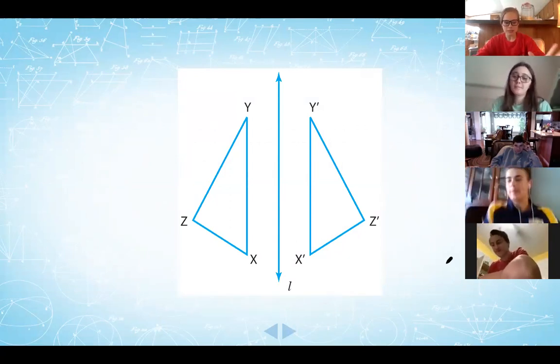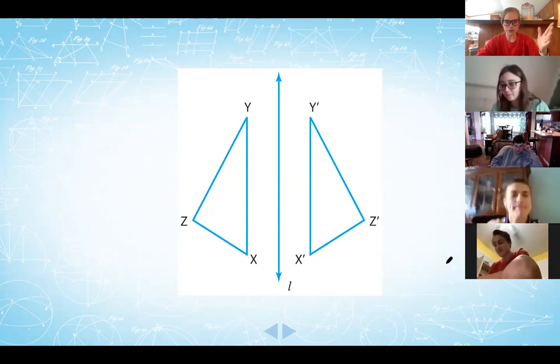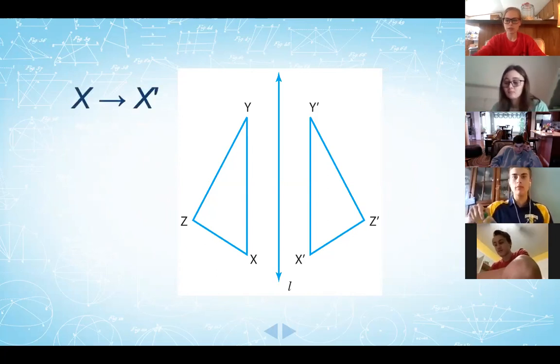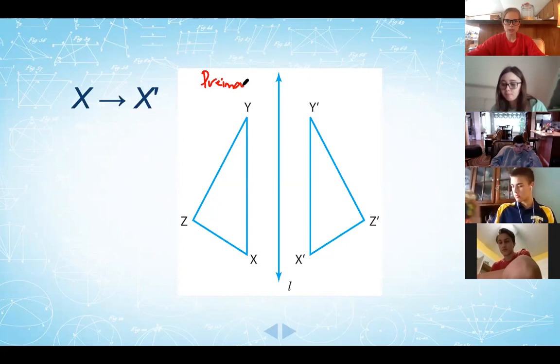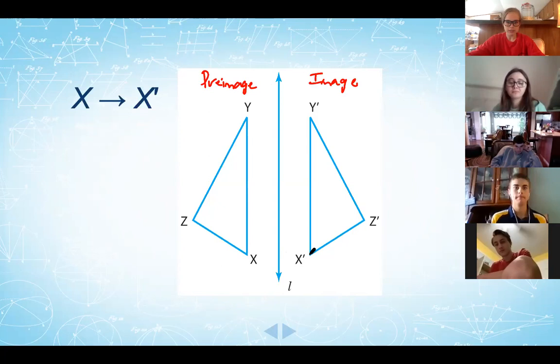This is a specific type of transformation that would be called a reflection. Notice my original pre-image. This is my pre-image, and this is the image that it makes. My first point X would be reflected right here.